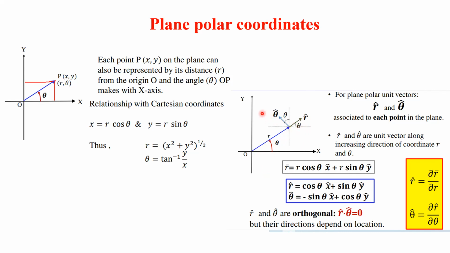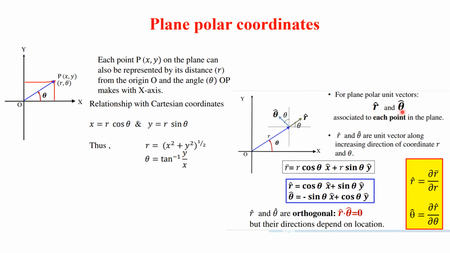If this particle is somewhere here, then theta goes like this and r goes like this. So r cap and theta cap point along the directions in which r and theta increase. So for plane polar coordinates, we have two unit vectors, r cap and theta cap.